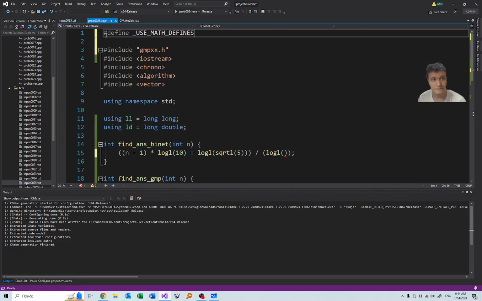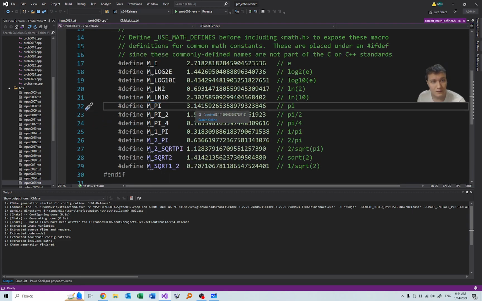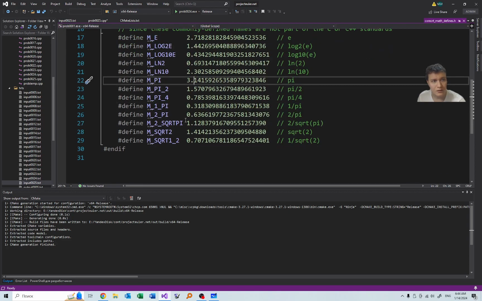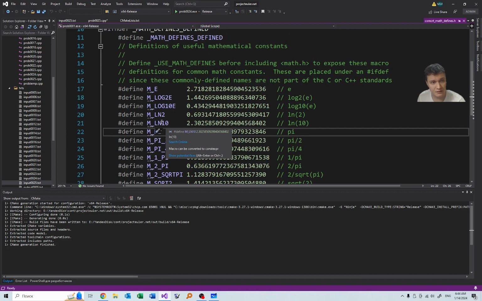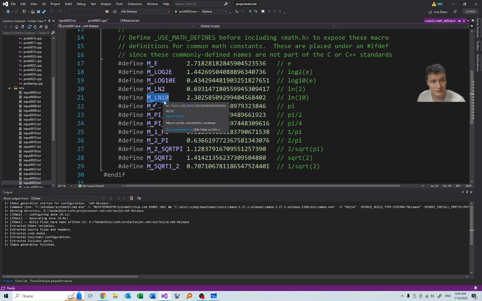Yeah, let's see. Do we have phi? No, we have logarithm of 10, but I believe we don't have phi. Okay, let's use it after all.